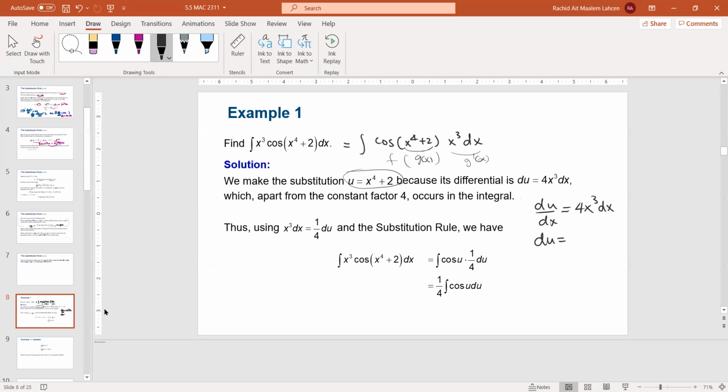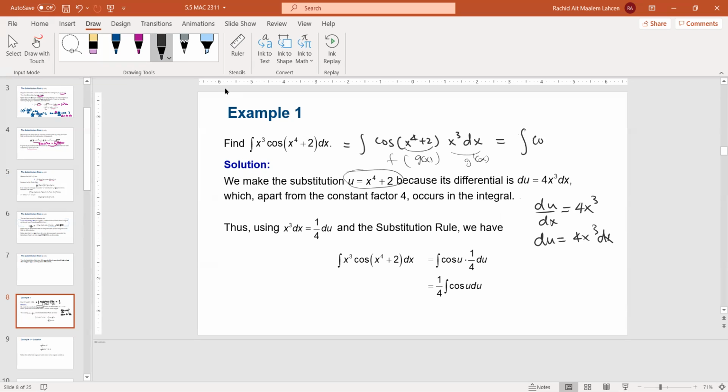So if you multiply by dx both sides, I did it before, this is the derivative. If you multiply both sides, you get that. So we have a 4 that is not existing here. So we can put a 4. Why not?